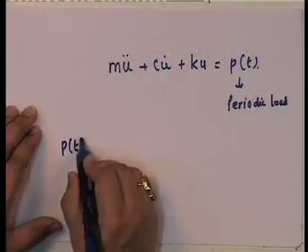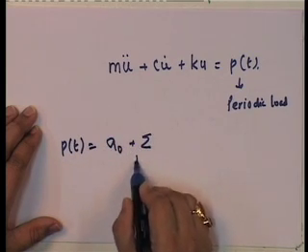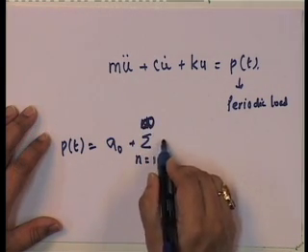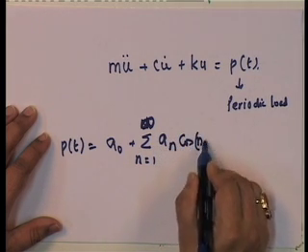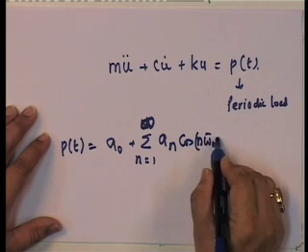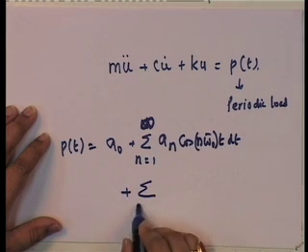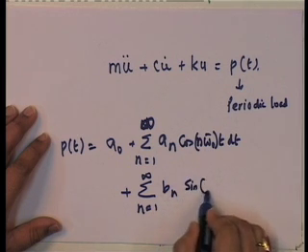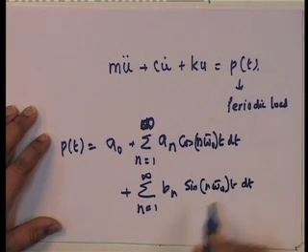Now, P of t is given as A0 plus summation n going from 1 to infinity of An cosine n omega 0 t plus Bn sine n omega 0 t.